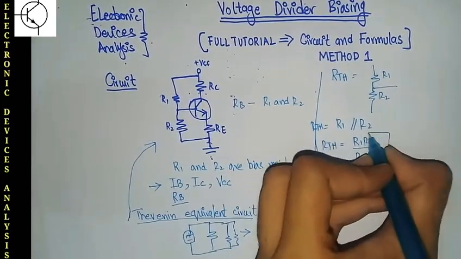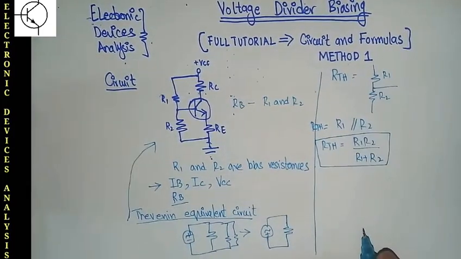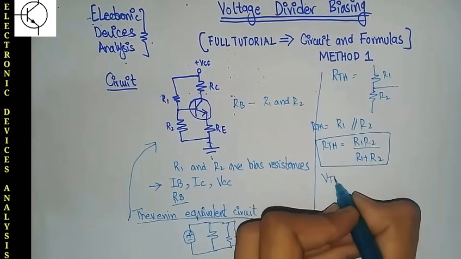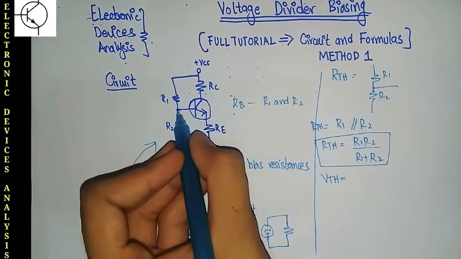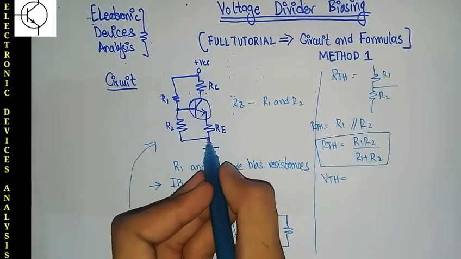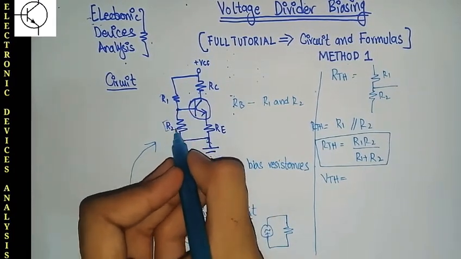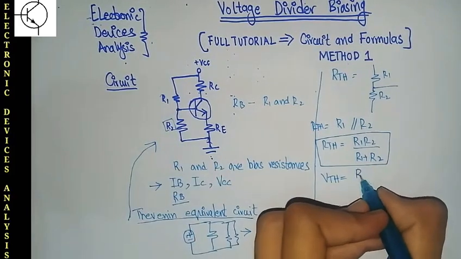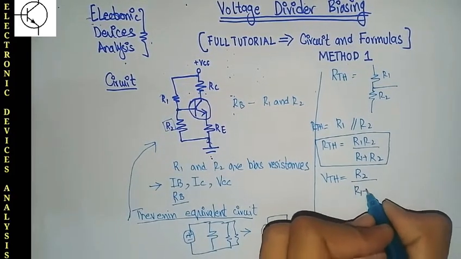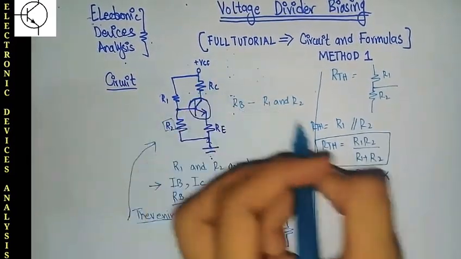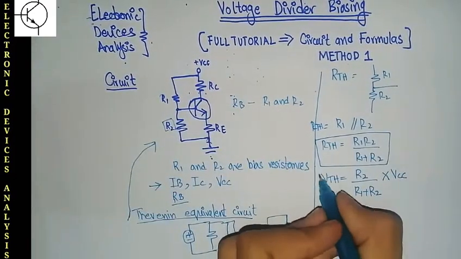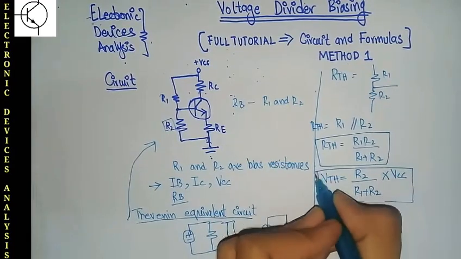To find V Thevenin, the voltage VB is taken from this branch to this branch. So the voltage will be calculated across R2. So we will write R2 over R1 plus R2, the sum of both resistances, multiplied by the battery supply voltage VCC. You can find V Thevenin from there.